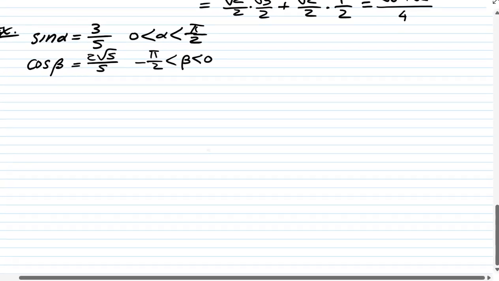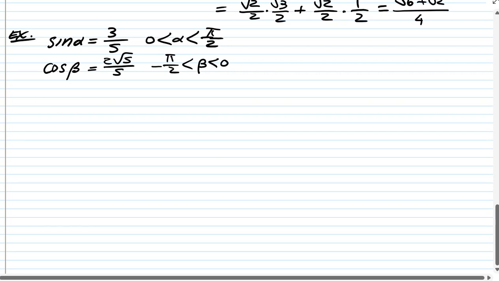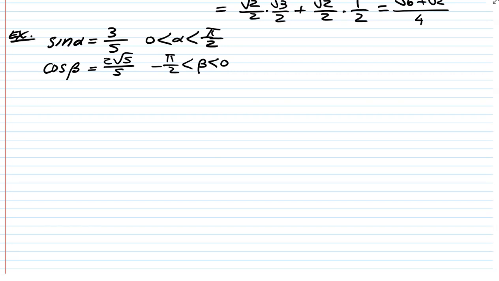Now, what do we want to do? We want to find sine and cosine of the sum and difference of alpha and beta. So first we need to locate these angles. In the case of alpha, we know sine, we don't know cosine, but let's work to that.